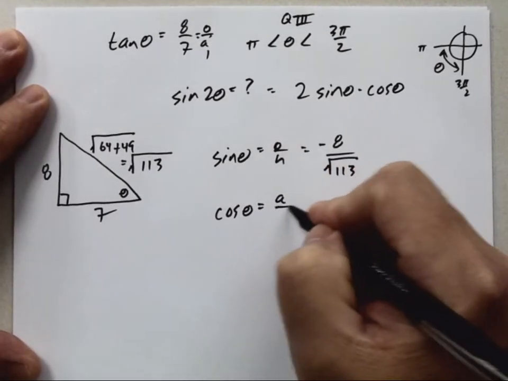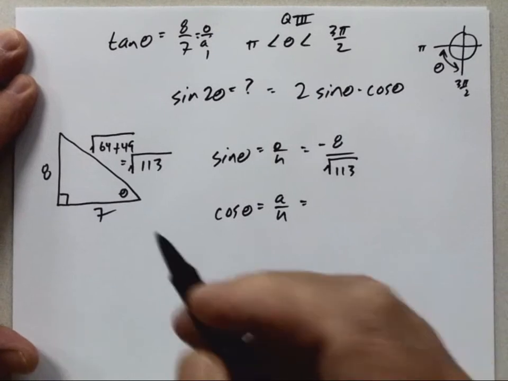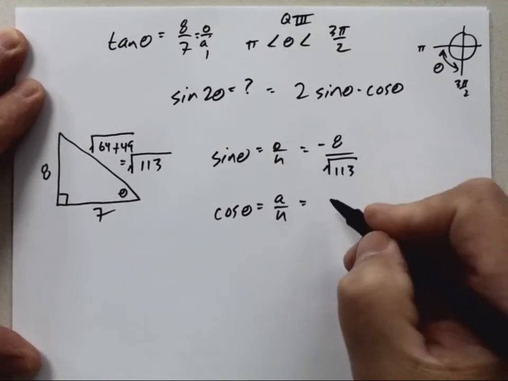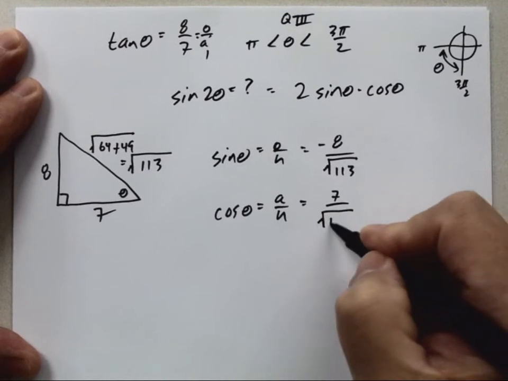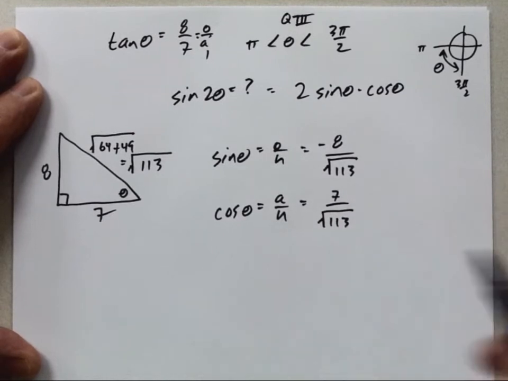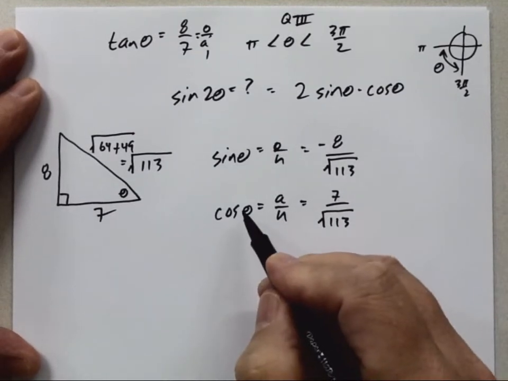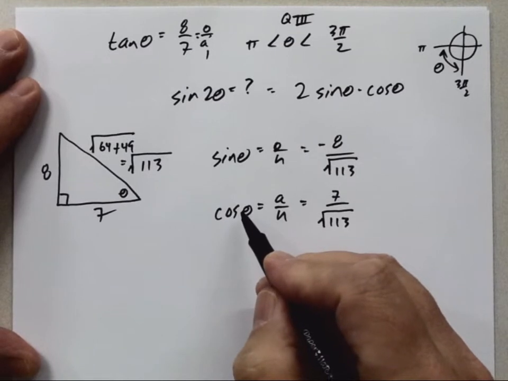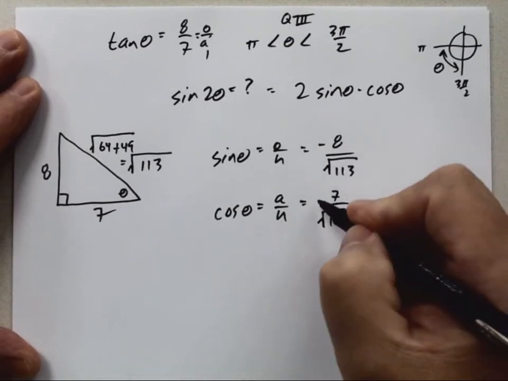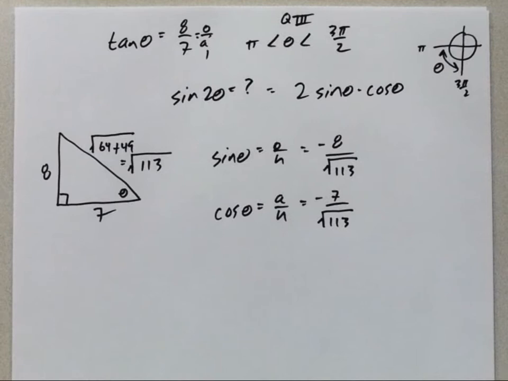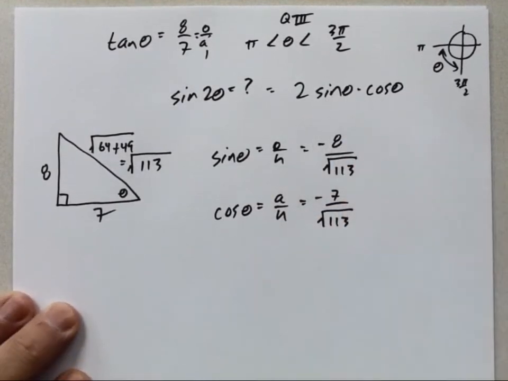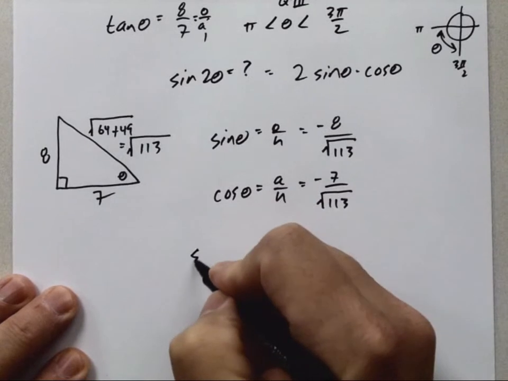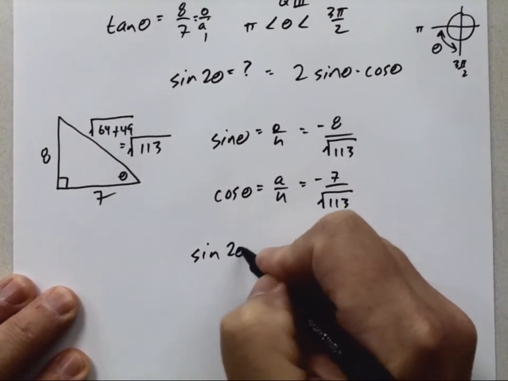The cosine is adjacent over hypotenuse. Adjacent, 7, hypotenuse, square root of 113. Now, in quadrant 3, what's the cosine? Positive or negative? It's also negative. So now I have my sine and cosine. I can plug them in here and get my answer.